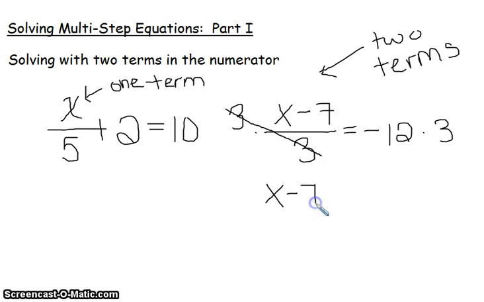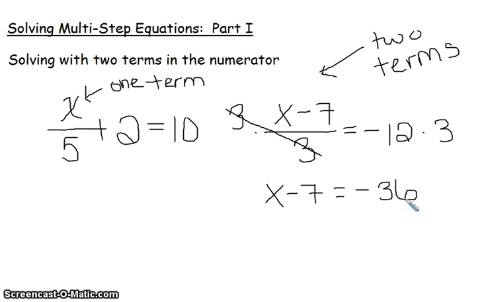x minus 7 equals, and on the other side we have negative 12 times 3, which gives us negative 36. So what we did there is we just multiplied both sides by the denominator, which was 3, in order to eliminate that denominator, so that we're just left with our expression x minus 7, just our numerator.